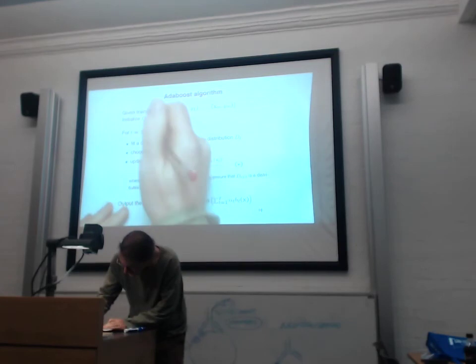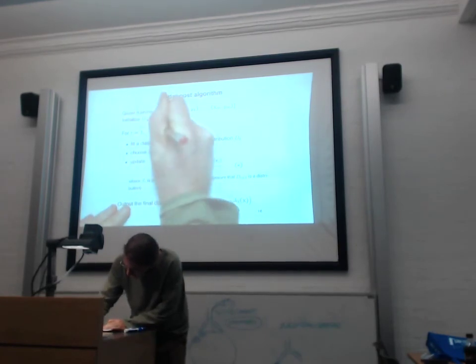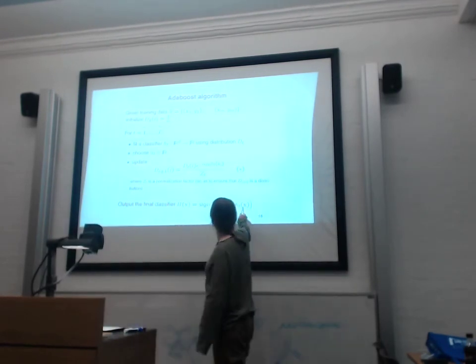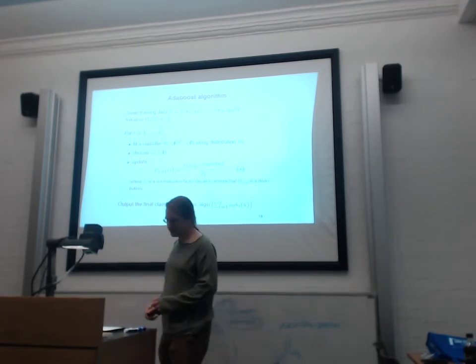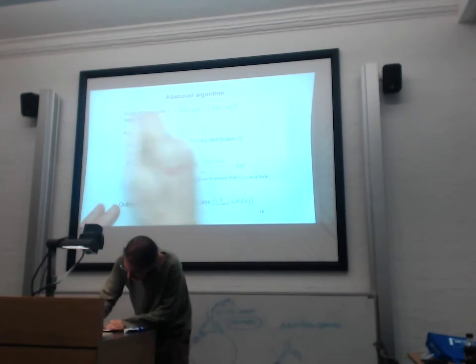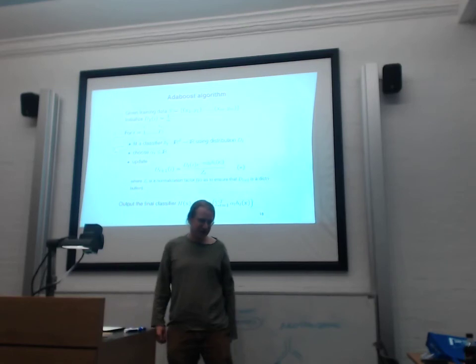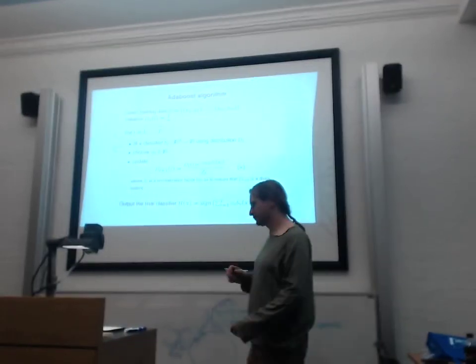For each t, we get a new alpha. So we'll get alpha 1 through alpha t, which will end up becoming part of our final linear combination of weak hypotheses. And we also maintain, in the other direction, D_1 down through D_m, which is our distribution over examples, where examples which are hard to learn on, we're going to weight more.